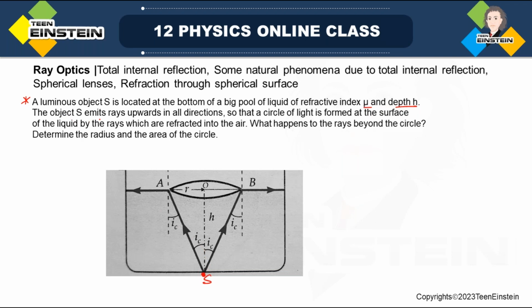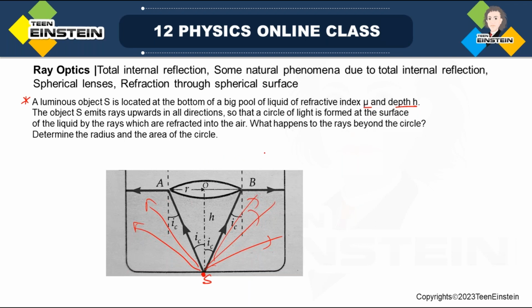The object emits rays going in the upward direction. Surprisingly, this is a point object, and it is sending light all the way, isn't it, light rays.